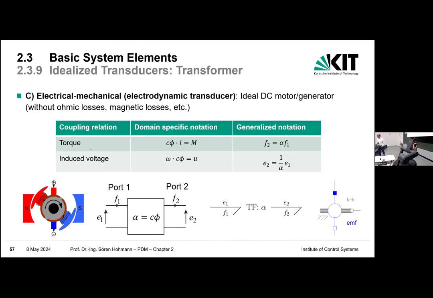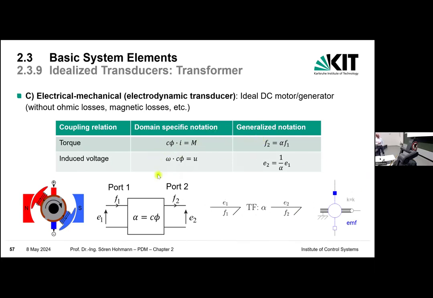In its simplest form, when you learn electrical drives the first time, the torque produced by the electrical drive is given by some constant times the current through the anchor winding, and we get the torque.